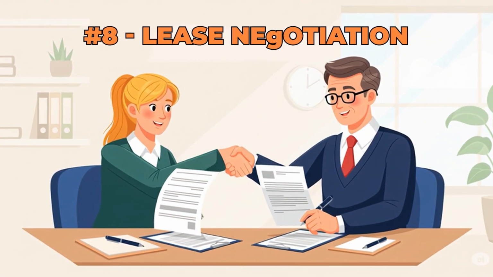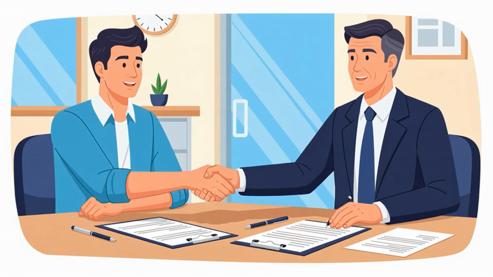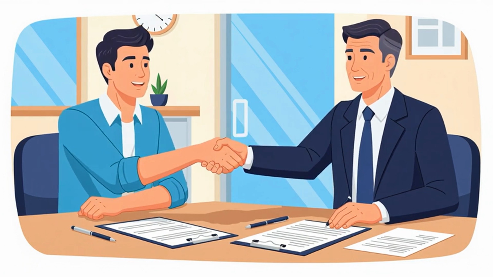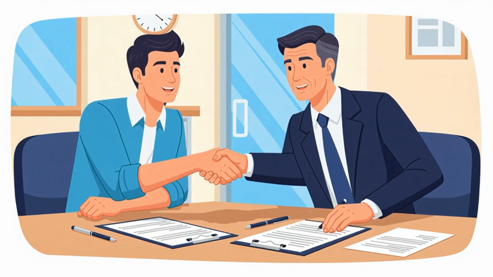Number 8 is lease negotiation. Once the tenant is preliminarily approved, terms are negotiated based on the risk profile and mutual needs. So there's several key elements in the lease that you need to finalize and negotiate.